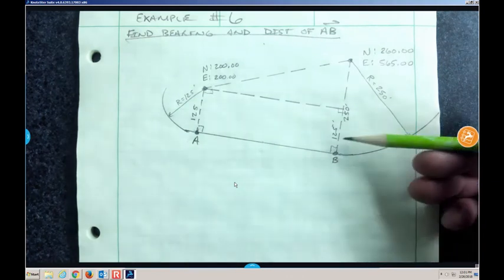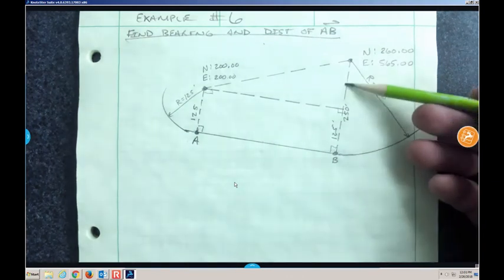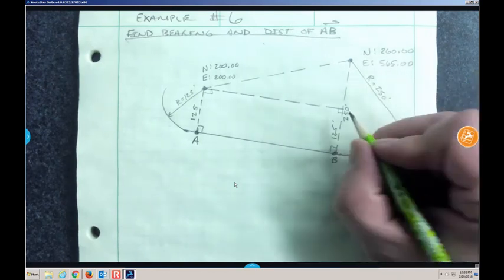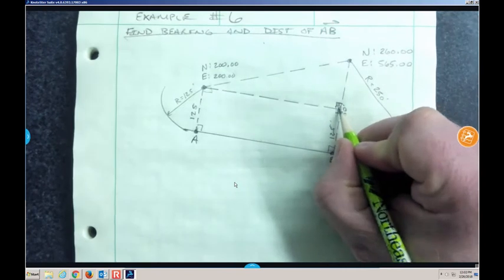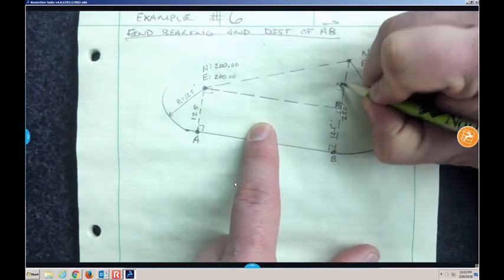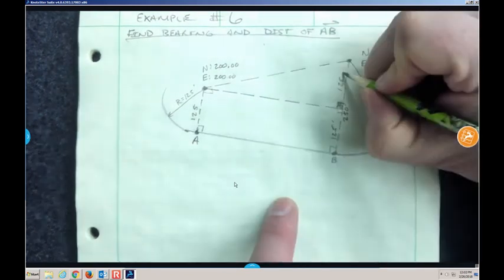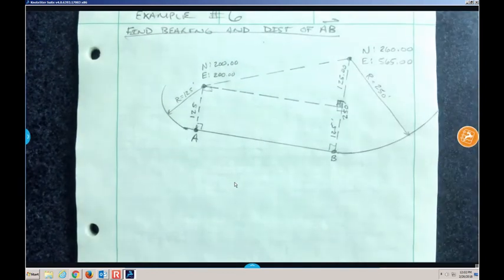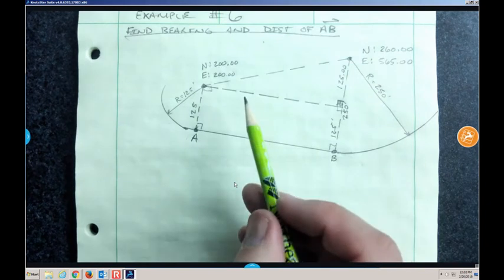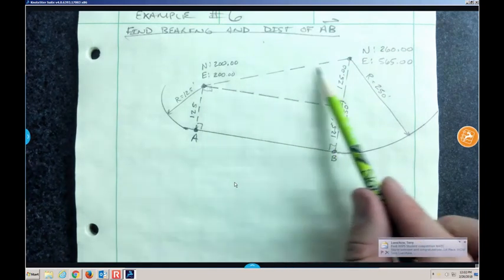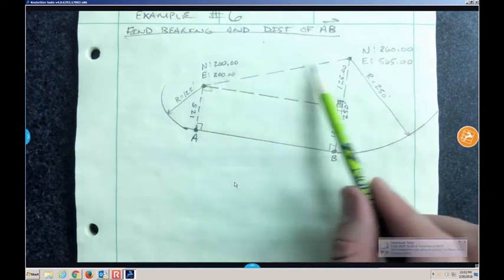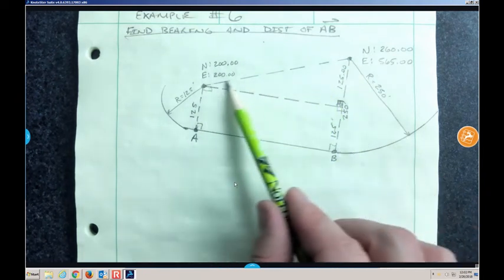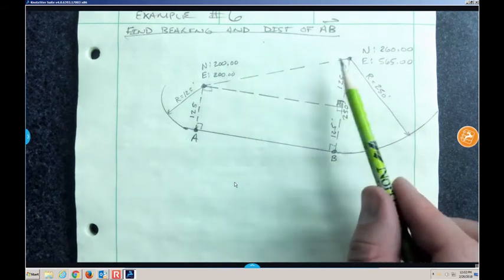Well, I know if this is 125, this line here is going to be 125, and this is a right angle here. So this distance is 125. All right, so let's figure out our bearing here, because we're given coordinates for those two radius points. We should be able to figure out the bearing and distance of this line between the two radius points.